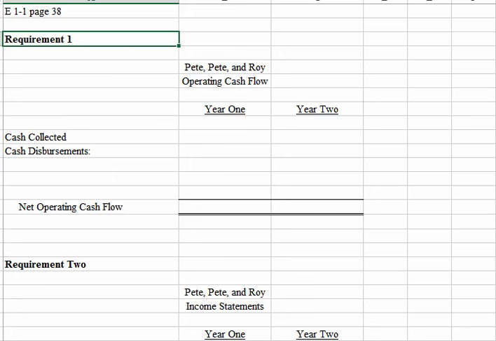Okay, back to the problem. We're looking at the law firm of Pete, and Roy. And for year 1 and 2, they give us amounts billed to customers for services rendered, cash collected from customers each year, cash disbursements for years 1 and 2 for salaries paid to employees for services rendered during the year, cash disbursements for utilities, and cash disbursements to purchase an insurance policy.